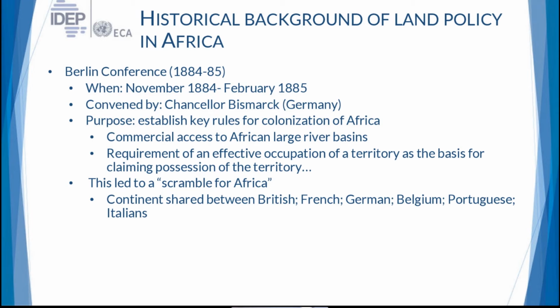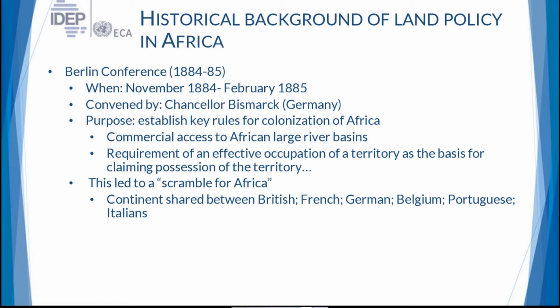I think it's very important to give you some more information about the historical background of land policy. I really think that if you don't look at some of the historical background of the land policy in Africa, you won't understand what's going on in the continent. So the colonial legacy has critically influenced African land policies.